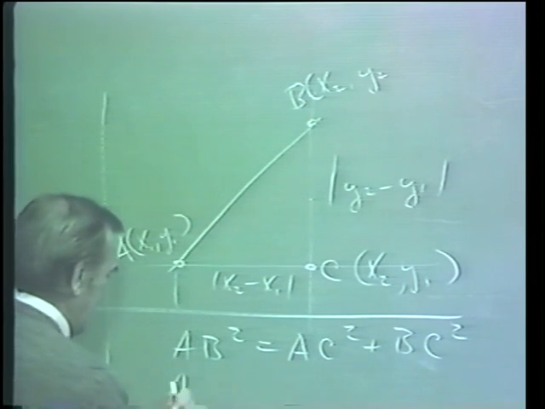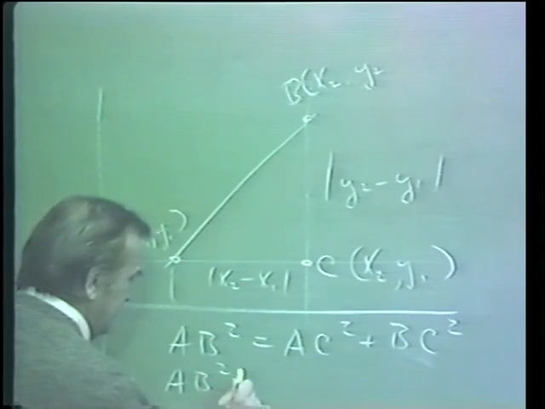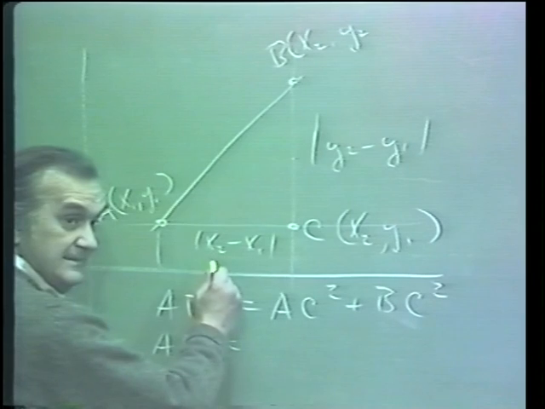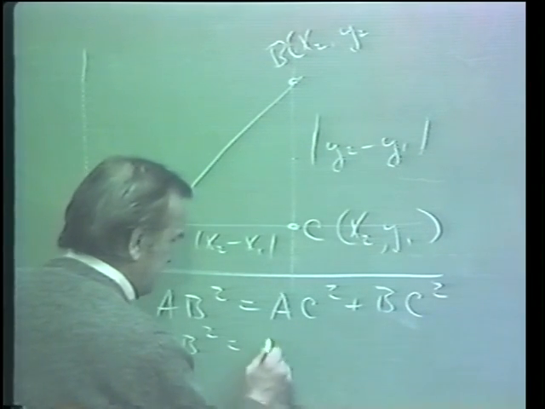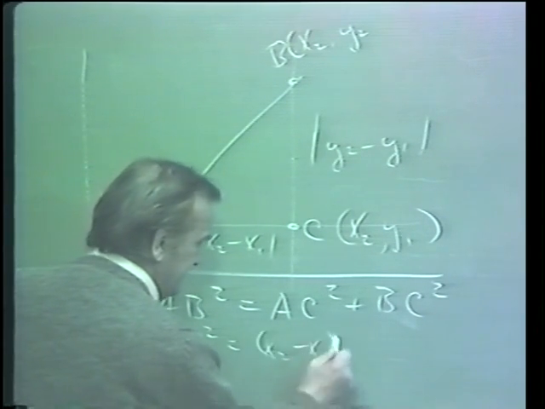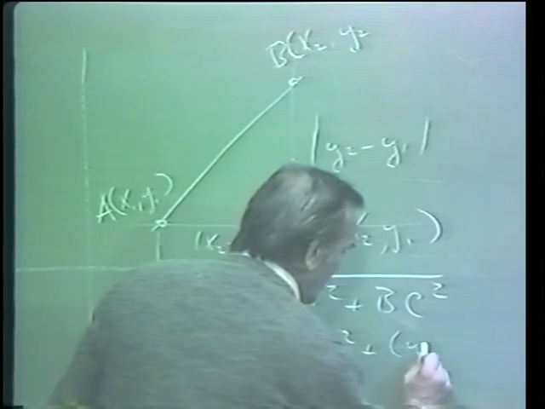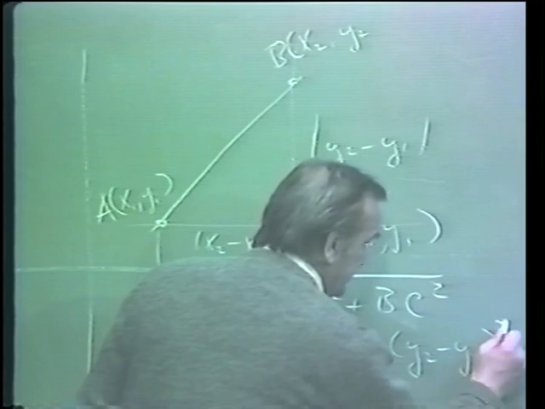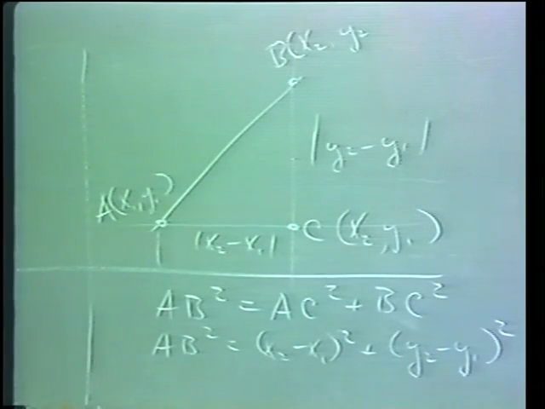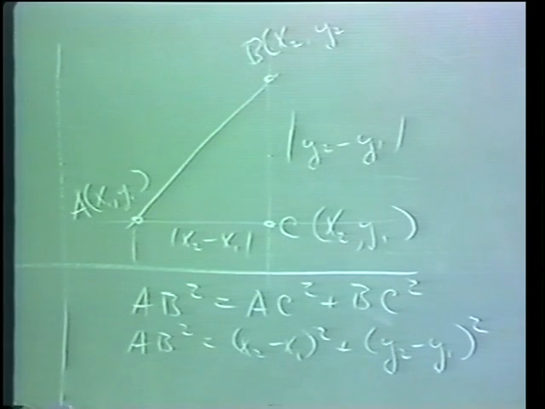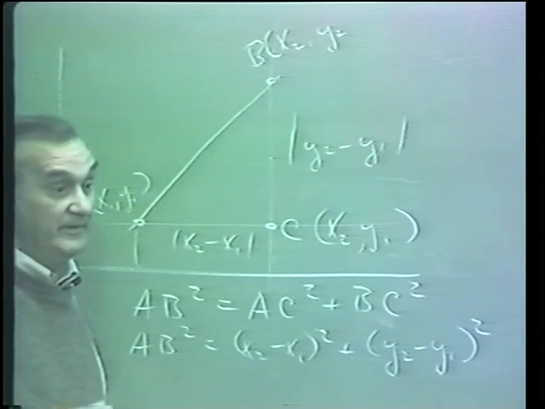Or we can say now that AB squared is equal to AC, well, AC is x2 minus x1 squared plus BC, which would be y2 minus y1 squared. Absolute value. But if you square something, what are you going to always come out with?